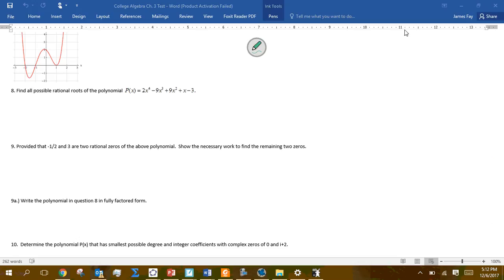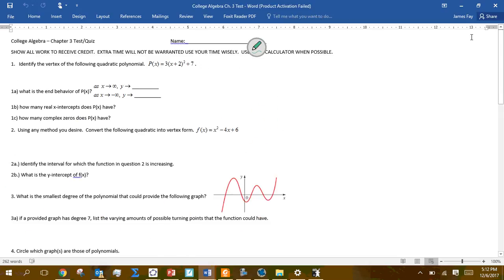Let's see here. Question 1 was worth 10 points total. Each part was worth 2, so 2 there, 2 there, 2 and 2.